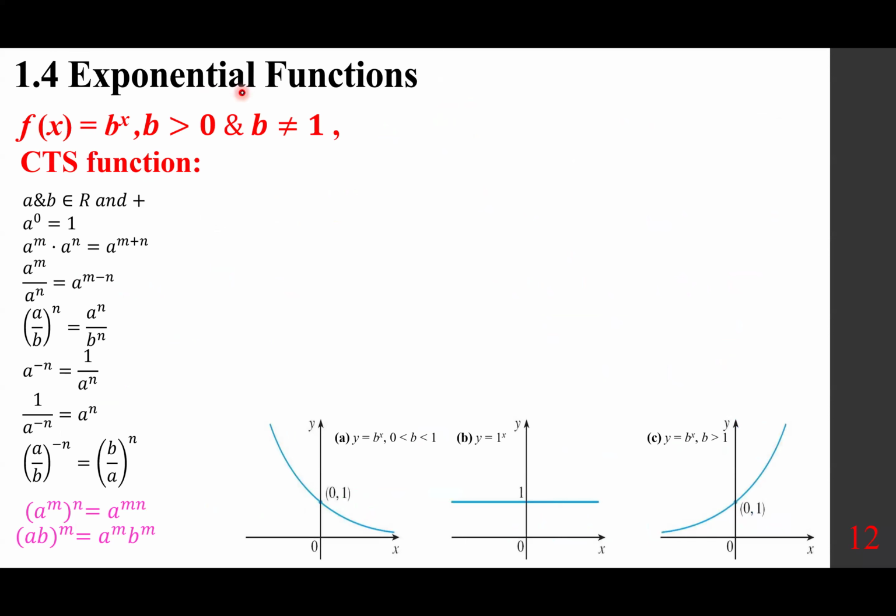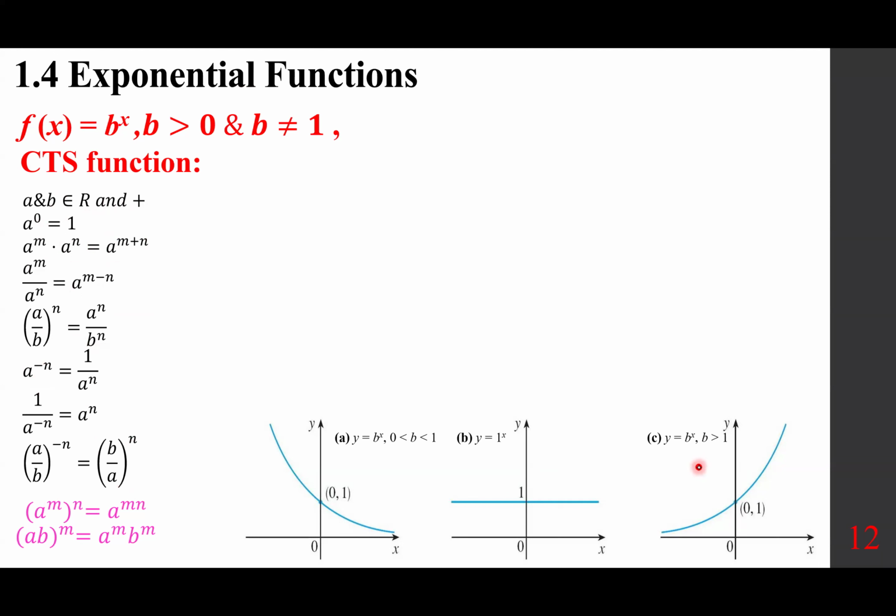Let's remind everybody about exponential rules and exponential functions. First and foremost, the exponential rules that you see here are such as a to the power of 0 is 1, a to the power of m times a to the power of n is a to the power of m plus n. That's the product rule, quotient rule, power rule, negative exponential rule, and so forth. I hope everybody remembers that.